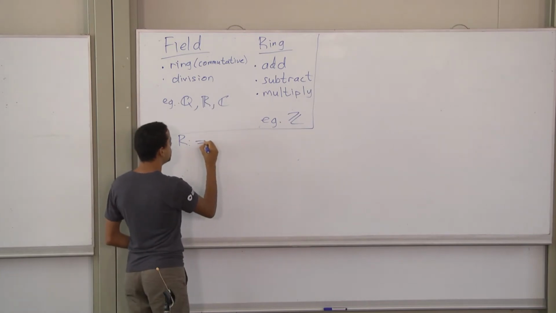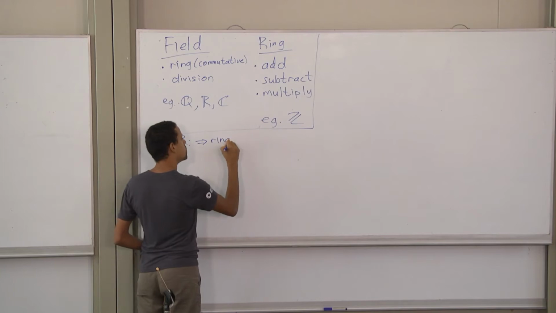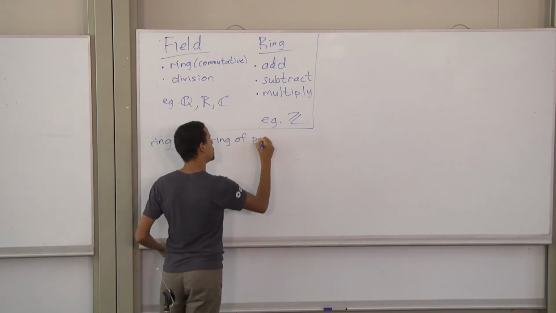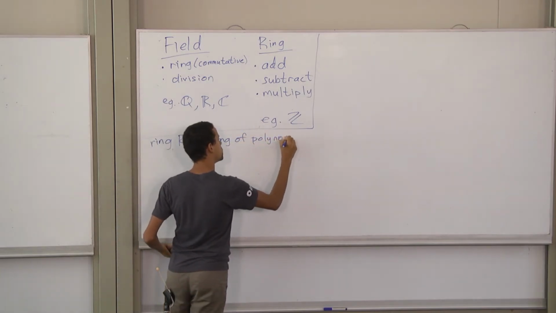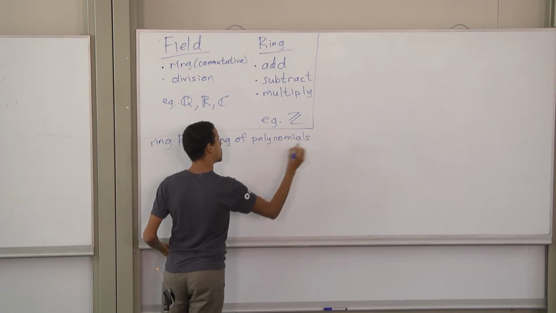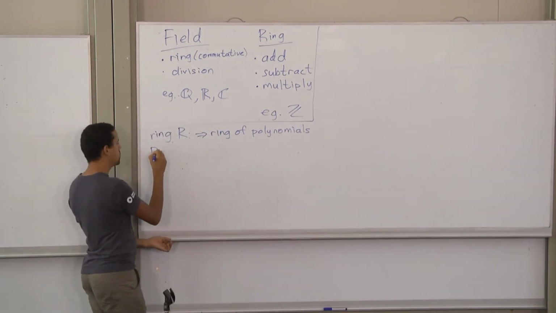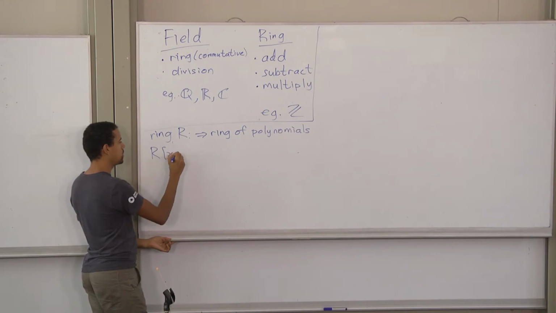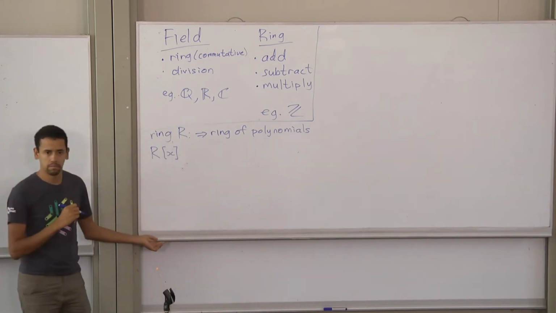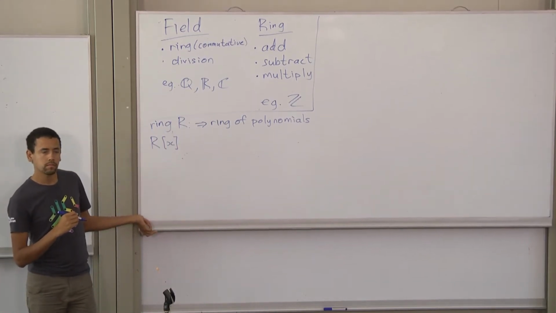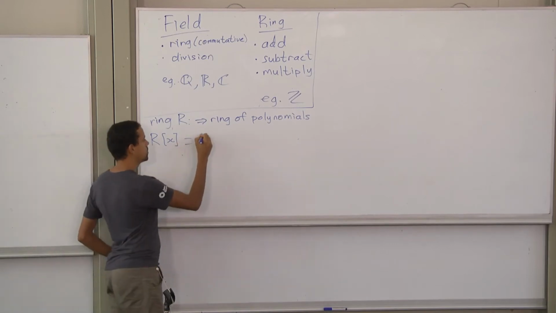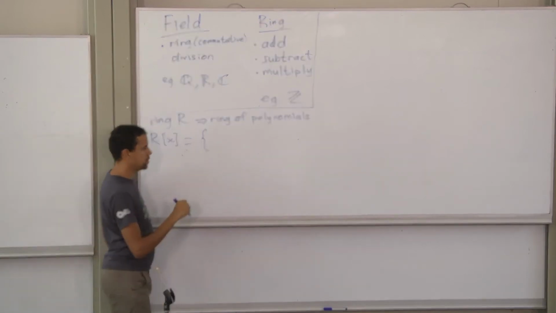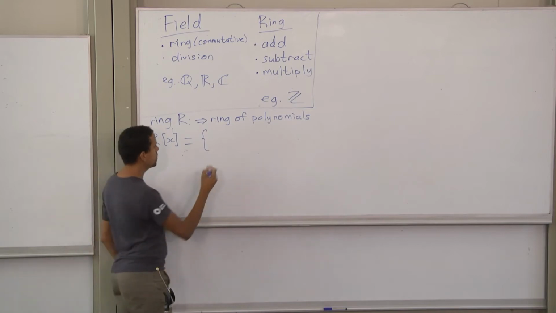So that leads to the ring of polynomials, which is denoted R together with a variable like that. And this is the set of all functions that look like the following.